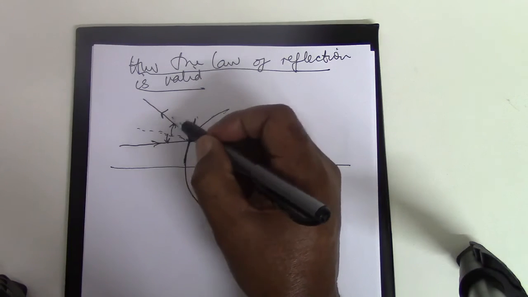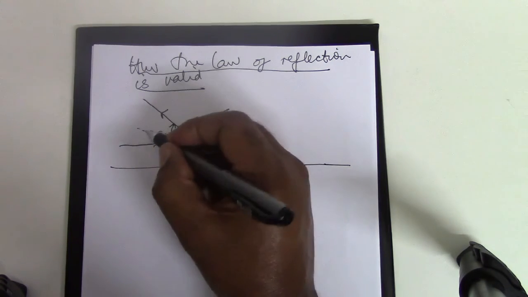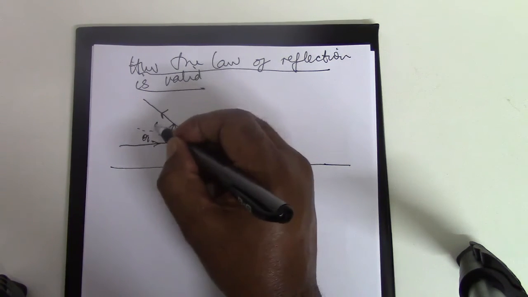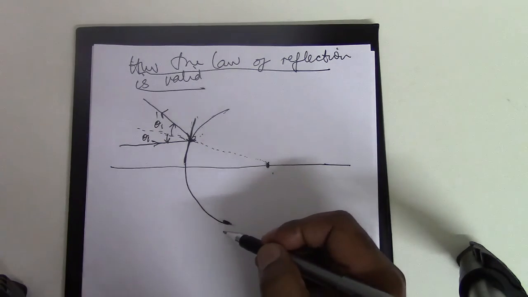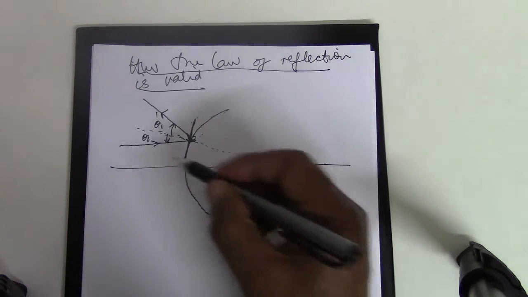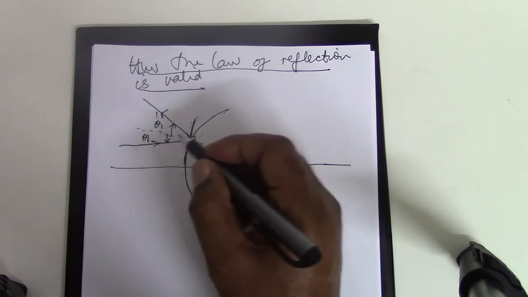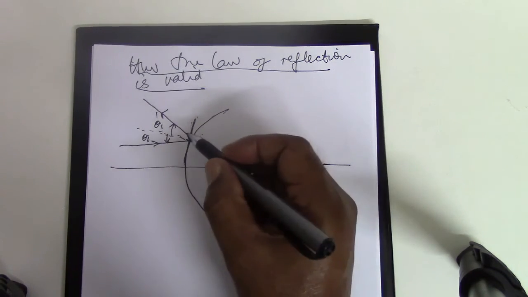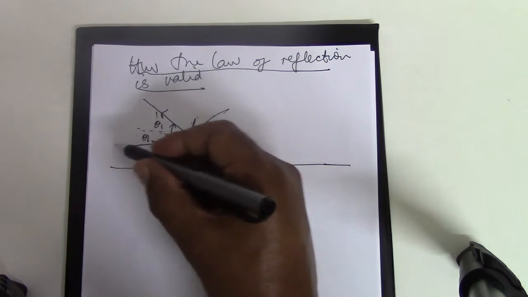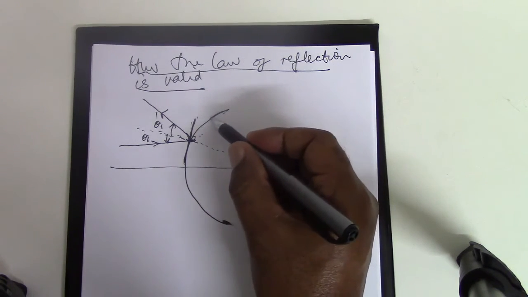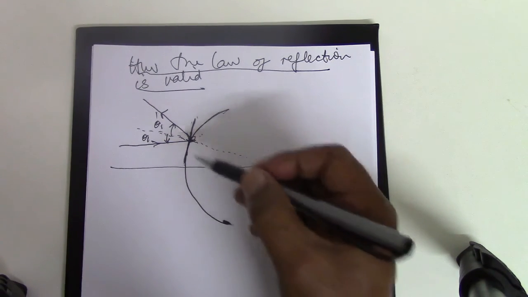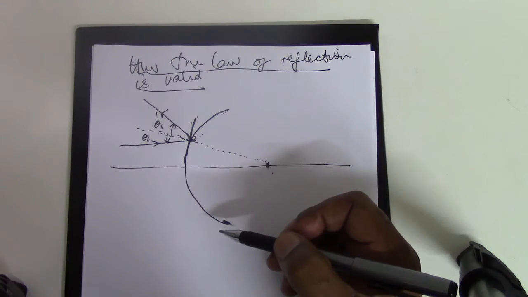And the two angles must be equal. Like that. So the law of reflection must be obeyed at the surface whenever light strikes this surface. The law must be complied with.